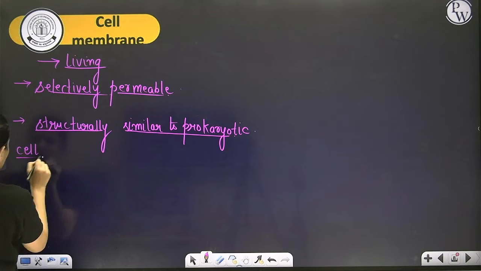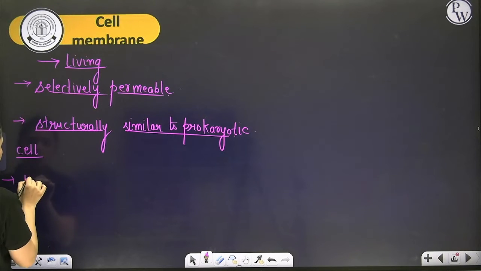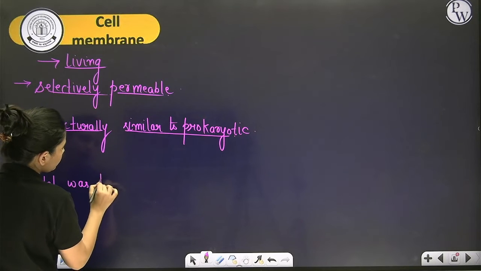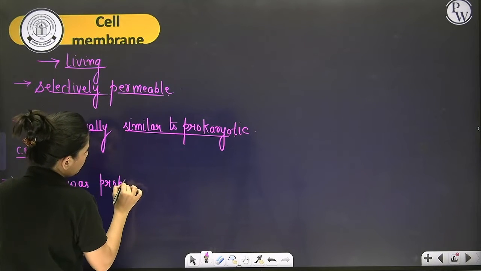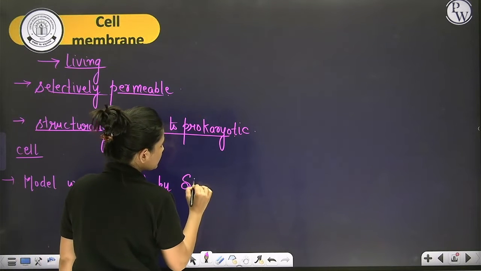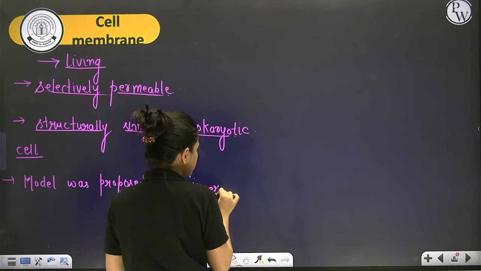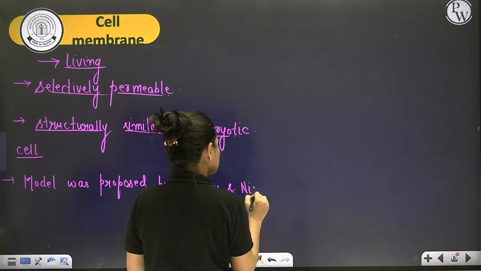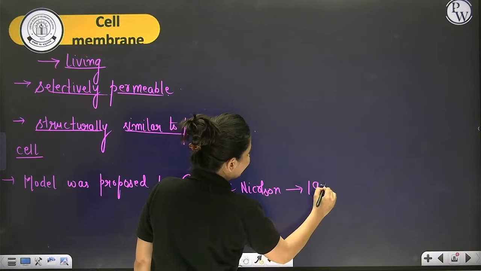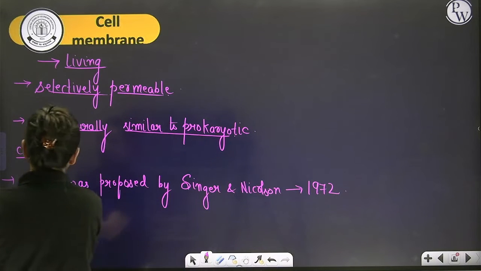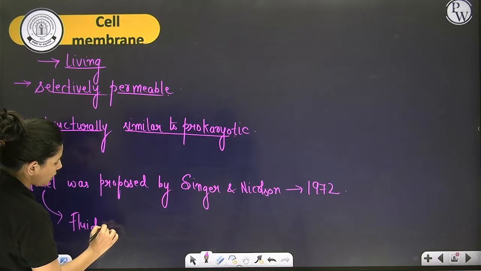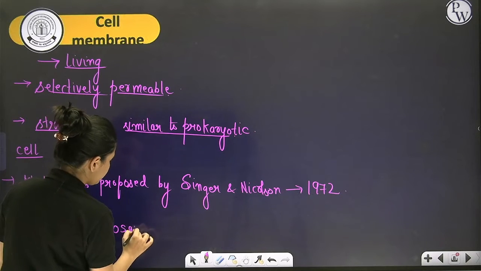The model explaining the structure was proposed by Singer and Nicholson in the year 1972, and the name of the model was fluid mosaic model.